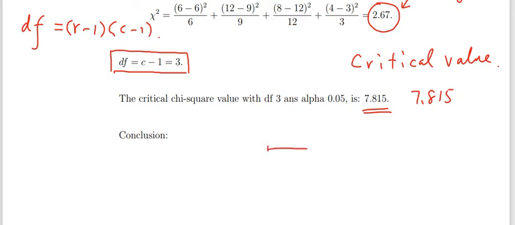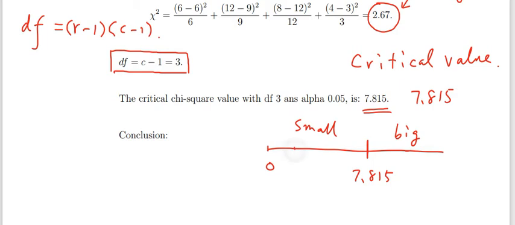Here is 0, and here is the critical value. We can use this as a cut point or a standard. The numbers here are small numbers, and numbers above 7.815 are big numbers.